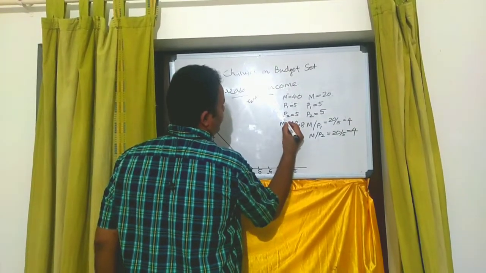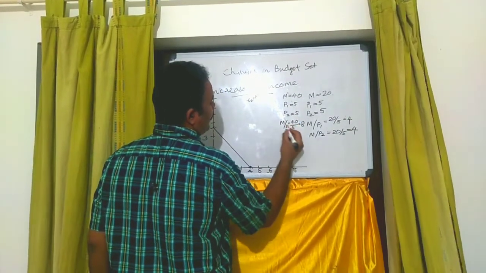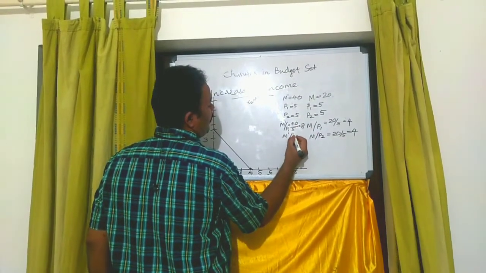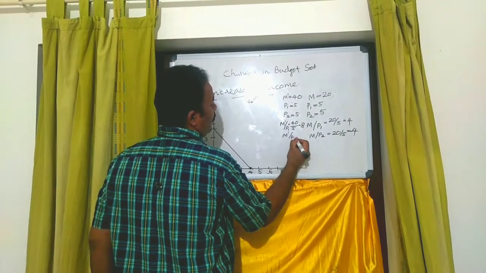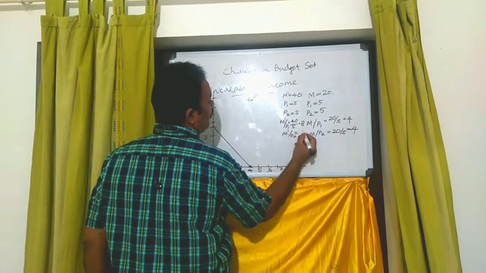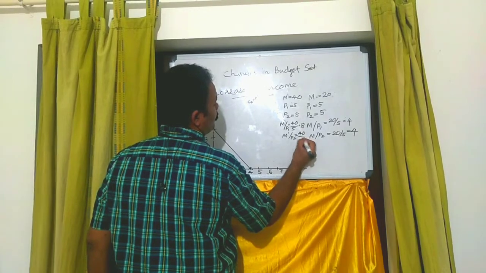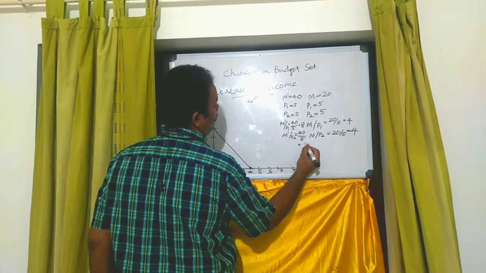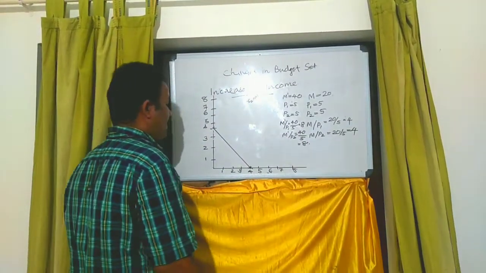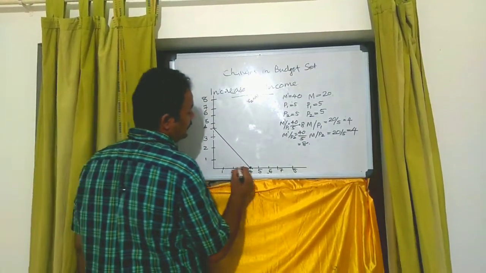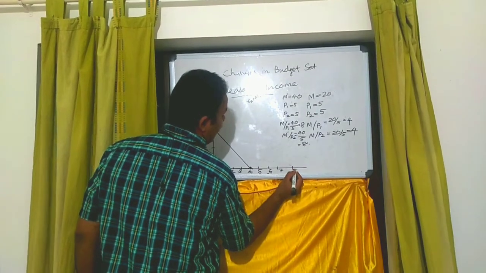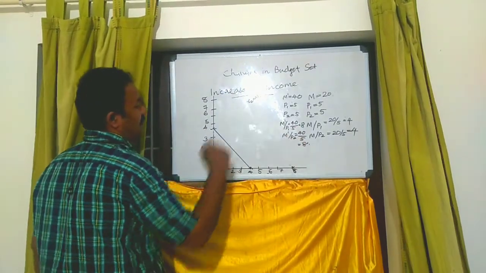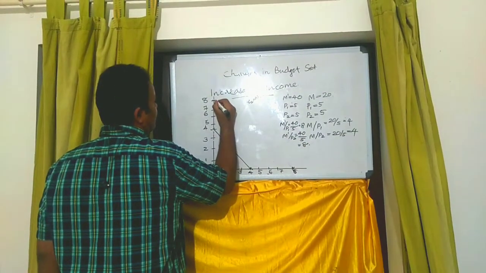M dash by P2, 40 by 5, that is 8 here. Then what is horizontal intercept? That is 8 here. Vertical intercept, that is also 8.